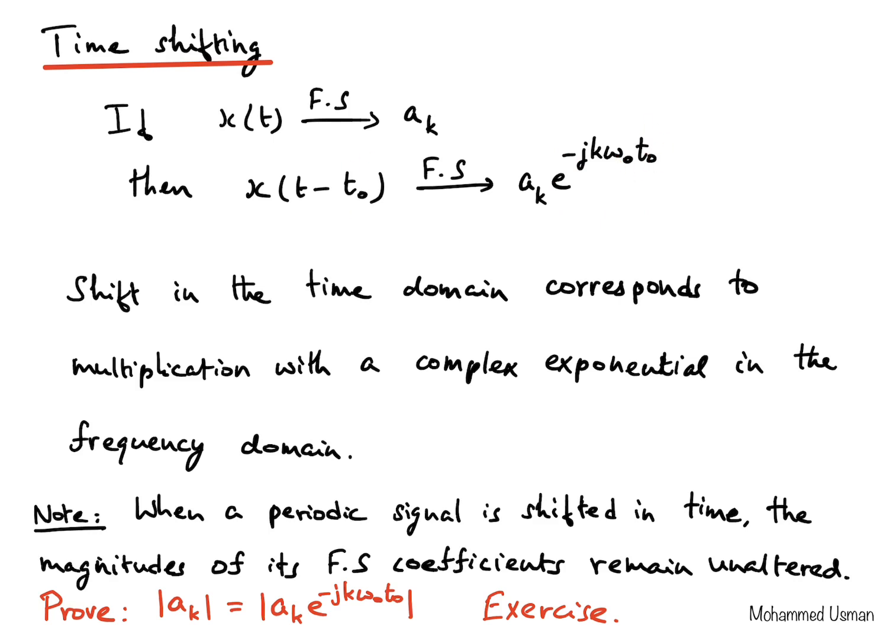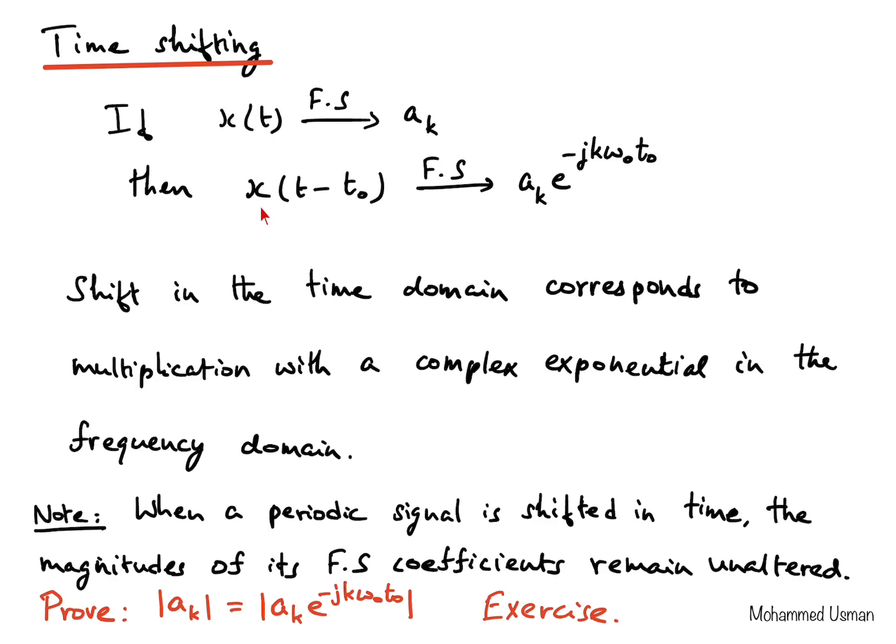If this is 10, this t naught will be 10. If this is minus 10, this t naught will be minus 10, and so on. So a shift in the time domain corresponds to a multiplication in the frequency domain with the complex exponential signal. So each of the Fourier series coefficients of the original signal x of t are getting multiplied with this complex exponential as a result of shifting.